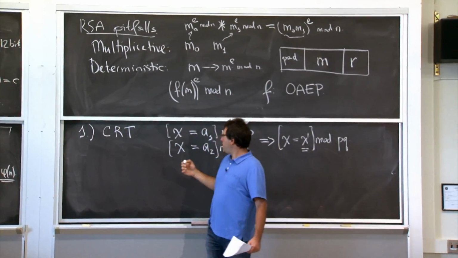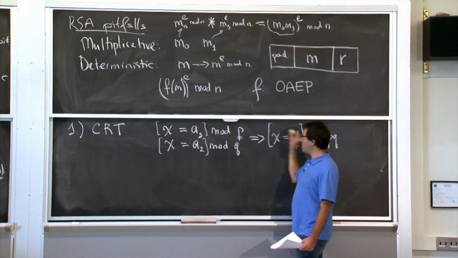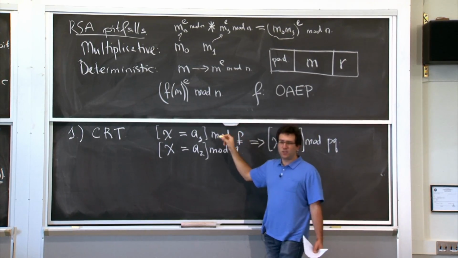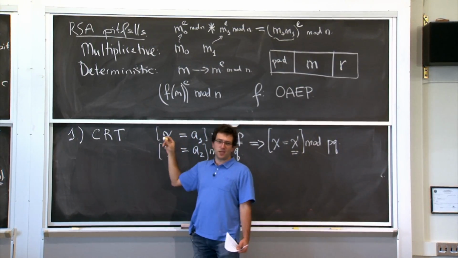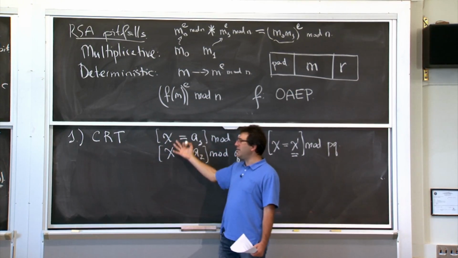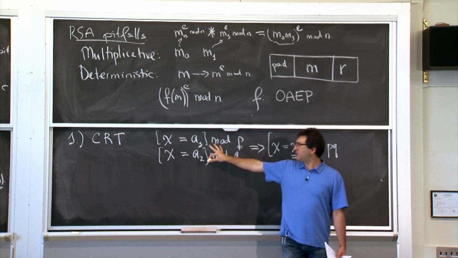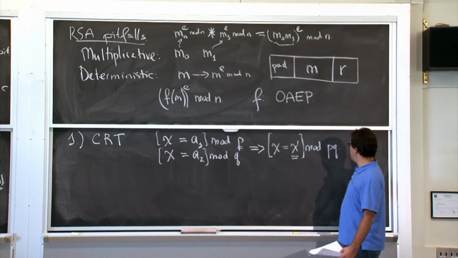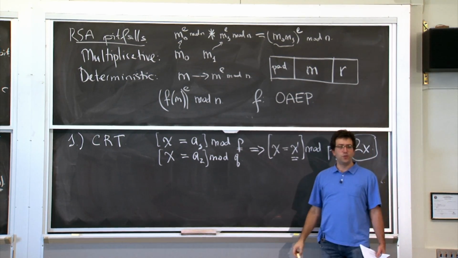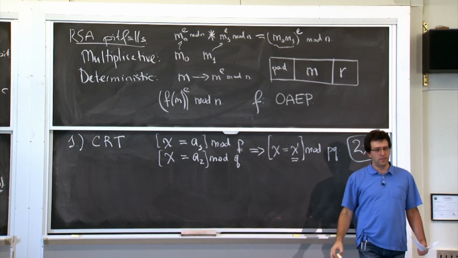So if we shrink the value of p, we basically go from 1,000 bits to 512 bits. We've reduced the size of our input by 2. So all this multiplication and exponentiation is going to be roughly 4 times cheaper. So even though we do it twice, each time is 4 times faster. Overall, this CRT optimization is going to give us basically a 2x performance boost for doing any RSA operations, both on the encryption and decryption side.